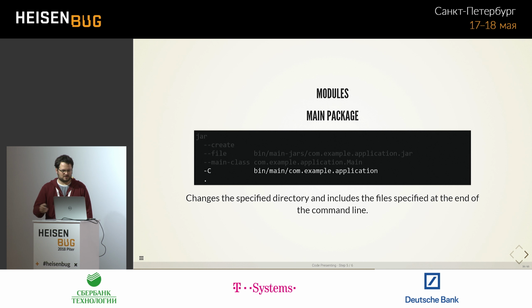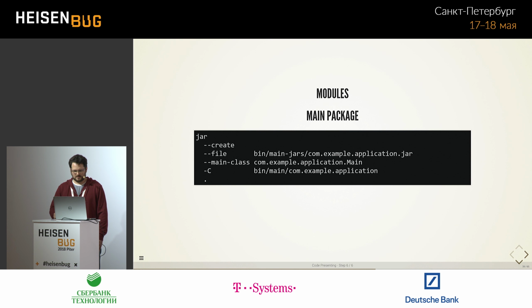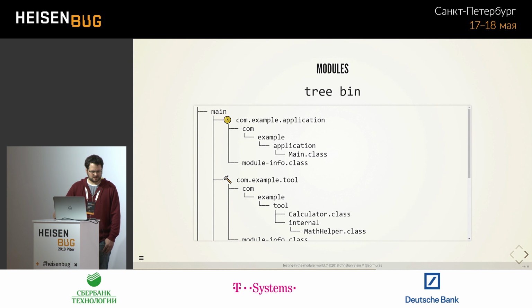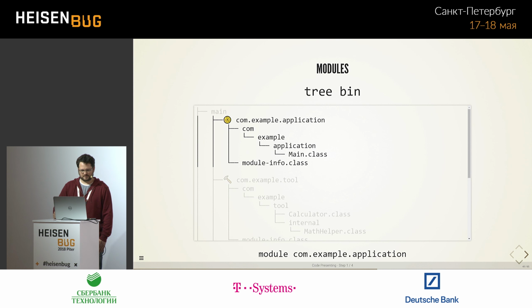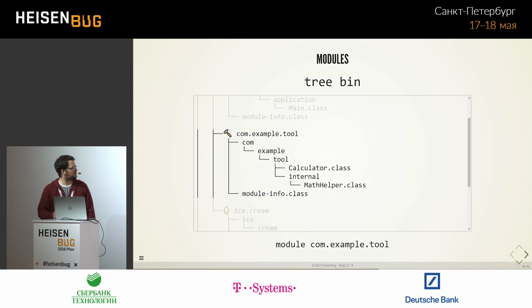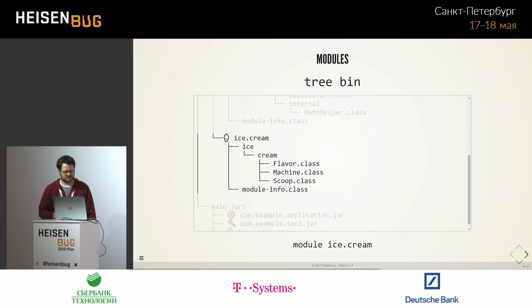Switch into our just created main directory and compile everything into a jar file. And when we look at it on our disk, you see every .java turned into .class. No magic here. Just the same structure for all the modules.